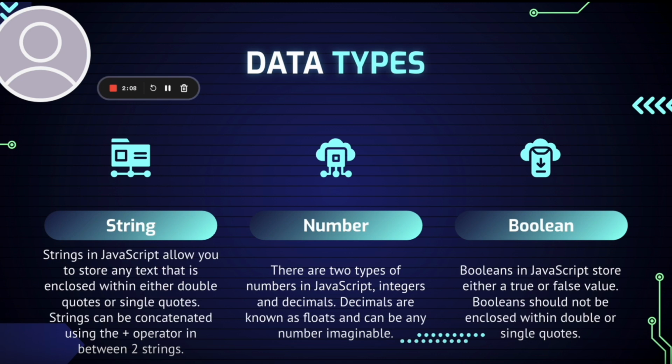Decimals obviously have decimals, and integers are just whole numbers. Both of these data types are positive and negative and can be used without having to add any letters or anything to the end like you do in other programming languages. Booleans in JavaScript are similar to all other languages. They either have a true or false value, and they should not be enclosed within double or single quotes.